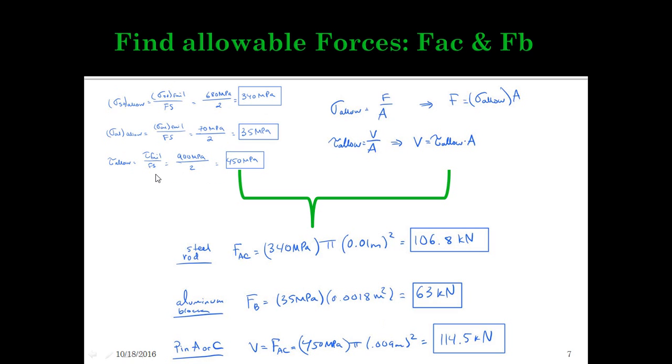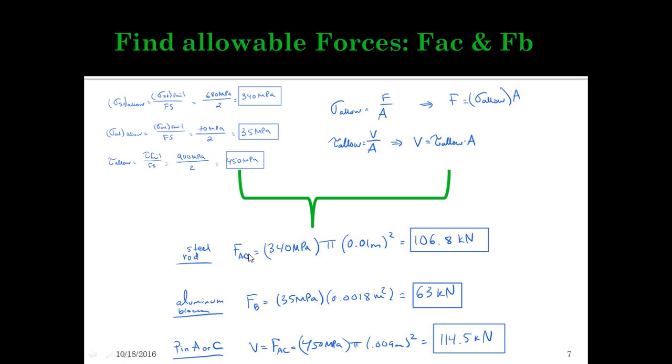From our allowable stresses, we have these equations where stress allowed equals force divided by area, or the same thing for shear. So we rearrange those equations and we end up with force equals allowed stress times area. So from that equation and these knowns that we just found, we can find all of the forces.